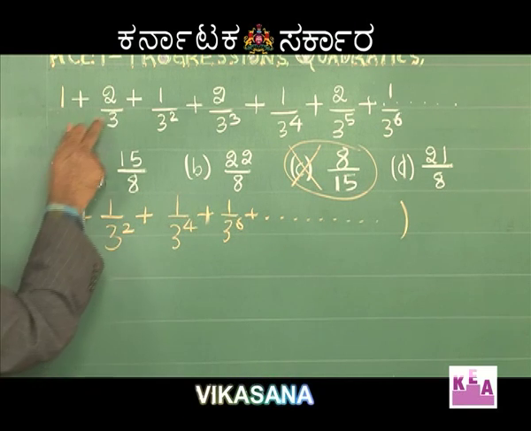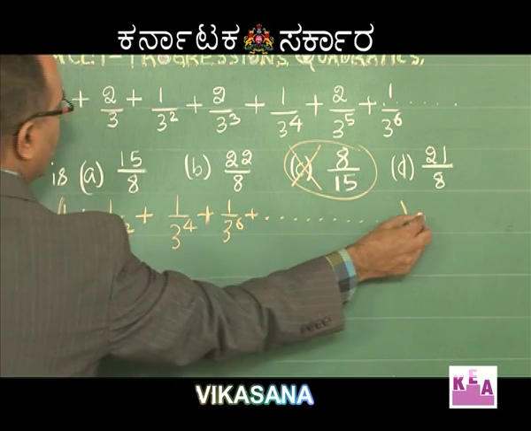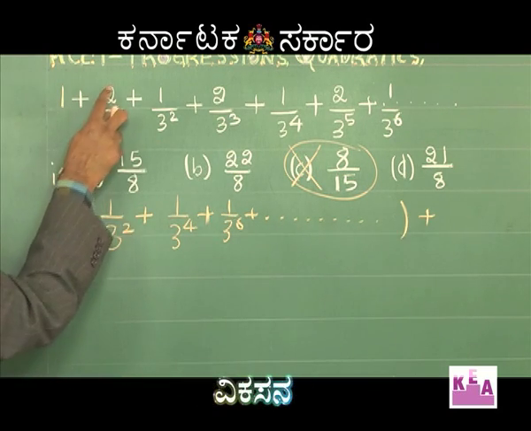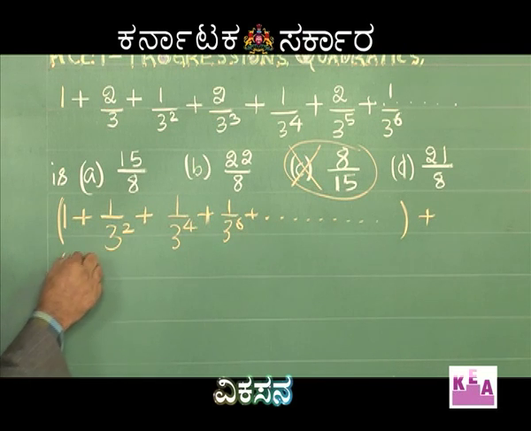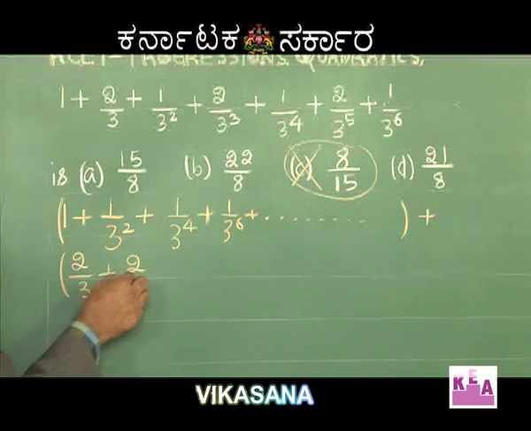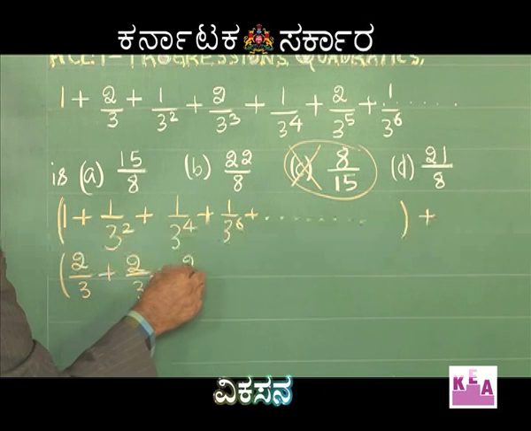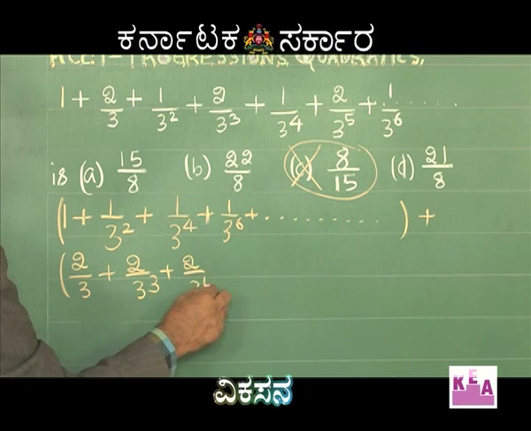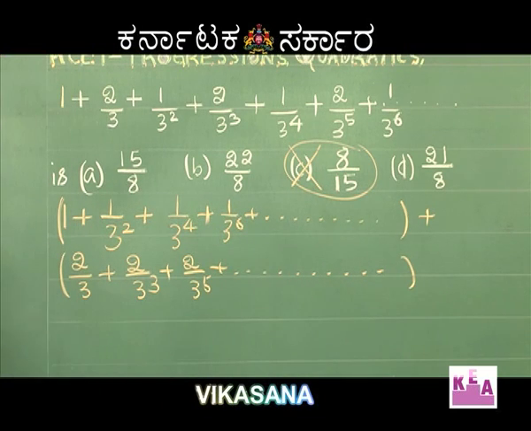Yes, I have not written this. Now I am writing it: plus 2 by 3 plus 2 by 3 cube plus 2 by 3 power 5. Do you agree with me? This is the actual sequence given.